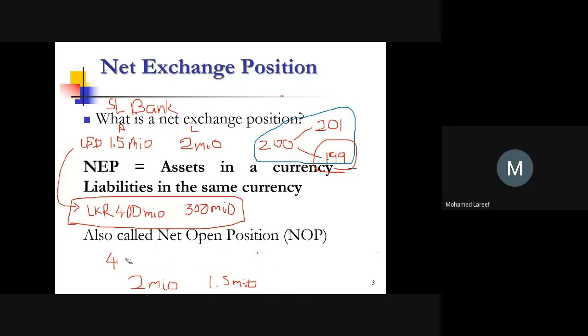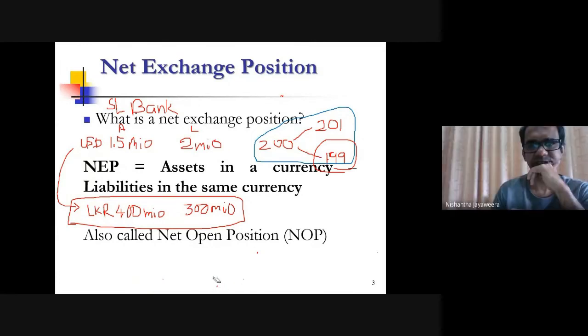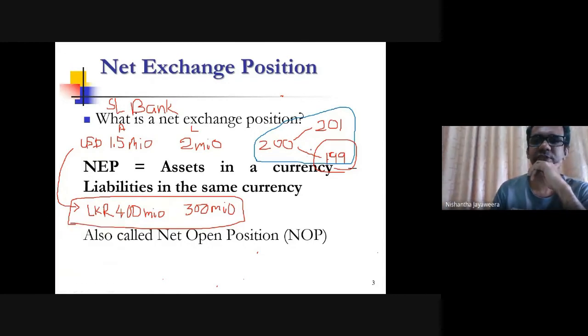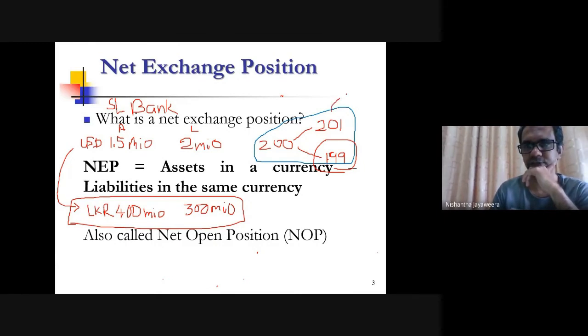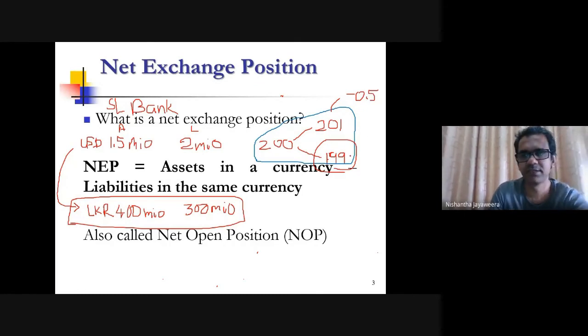So when the currency depreciated, loss is going to be more. Yes, when currency depreciated, that means when the exchange rate goes up to 201, now it will generate a loss of 0.5 million, but in the previous case, it was a profit.